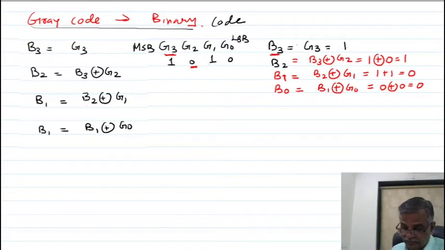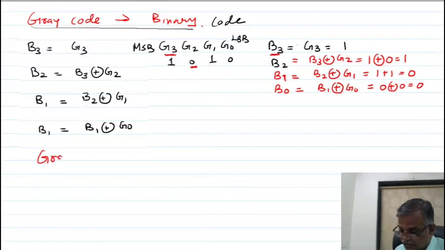For B2, you take B3 and G2, and I have to take the exclusive OR function of these two. Then B1 is nothing but the exclusive OR function of B2 and G1. And B0 is the exclusive OR function of B1 and G0. So you can write.